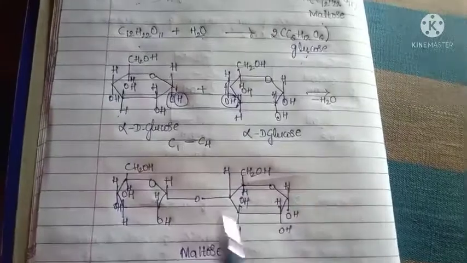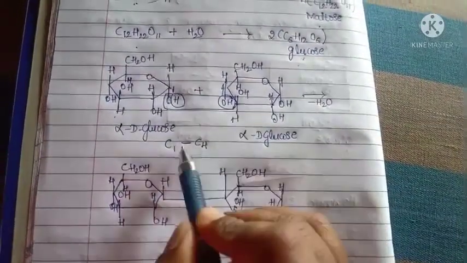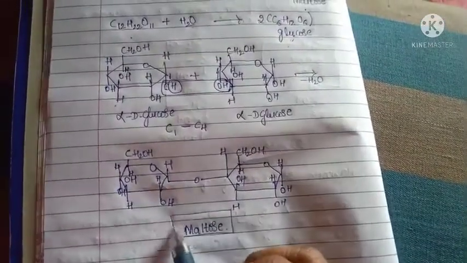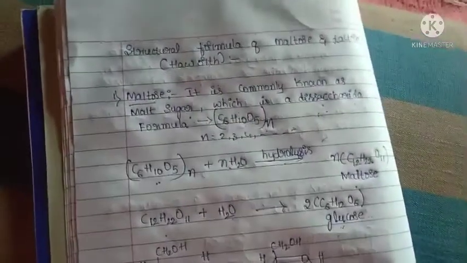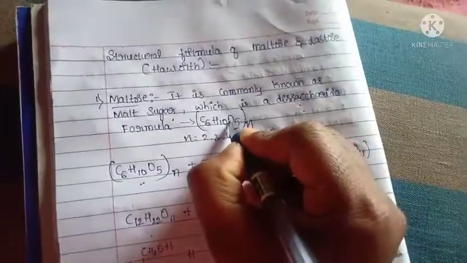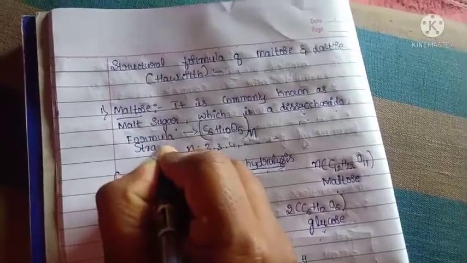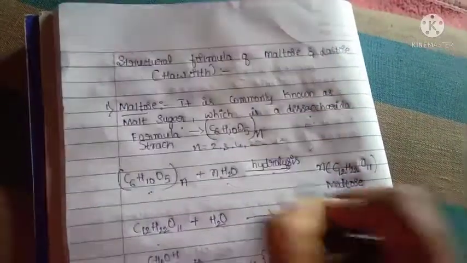Then alpha D glucose, with the glycosidic linkage between C1 and C4, is the Haworth structure of maltose. Okay, sorry, there is a mistake here: this is not the molecular formula of maltose, this is the molecular formula of starch. If we hydrolyze it, we get maltose. Okay.